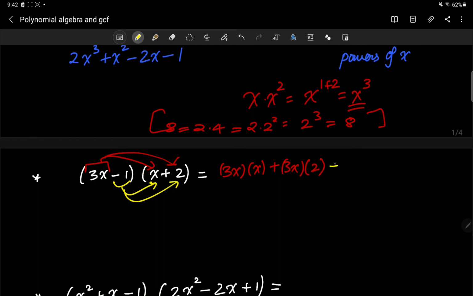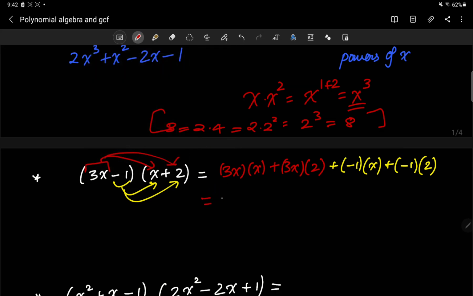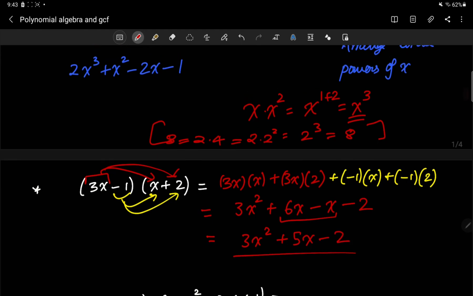So you have plus negative 1 times x plus negative 1 times 2. This is 3x squared plus 6x minus x minus 2. And now these are like terms, so they can be combined, and they give you 5x minus 2. Okay.